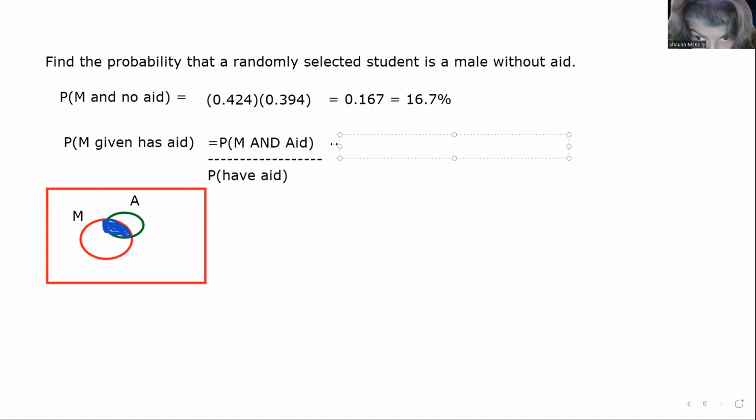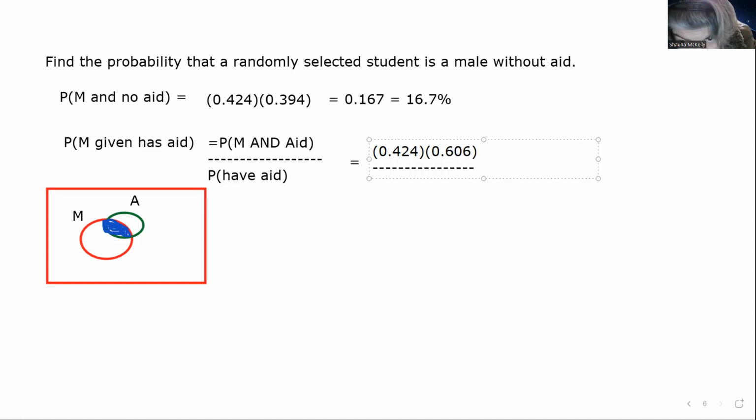This is equal to 0.424 times 0.606, and we're going to divide that by the probability of having aid at all. That's going to match this first term, but it's also going to include the female.